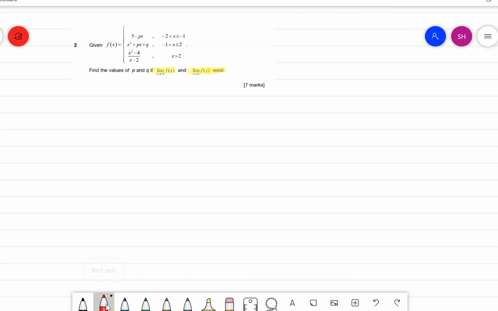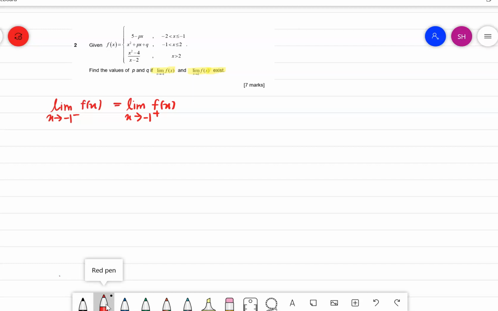If the limit exists, it means that the limit of f(x) as x approaches -1 from the left must be equal to the limit of f(x) as x approaches -1 from the right. Okay?